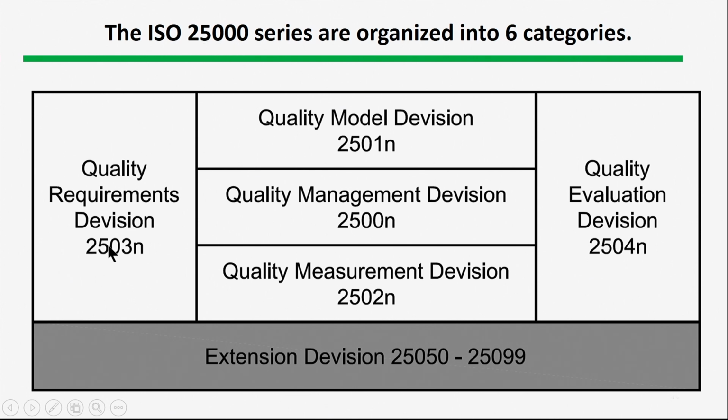And so you can see quality requirements are 2503 and some number, in theory 0 through 9, that could be after that, that represent various standards in that topic. So there's quality requirements, quality models, quality management, quality measurement, and quality evaluation. And all these are in that particular numeric range.